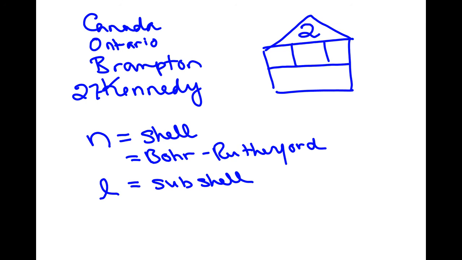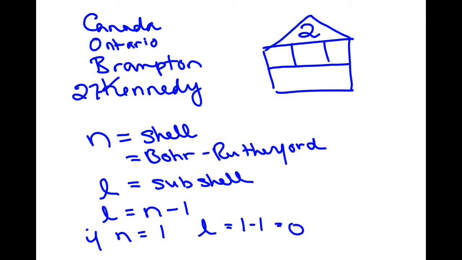Now L can have any value from 0 to n-1. So if n equals 1, then L can be 1 minus 1, which is 0. So when you have the first shell, it only has 1 L, and that 1 L is 0.